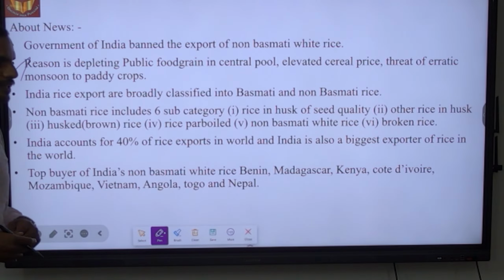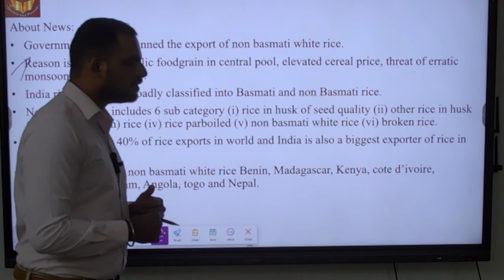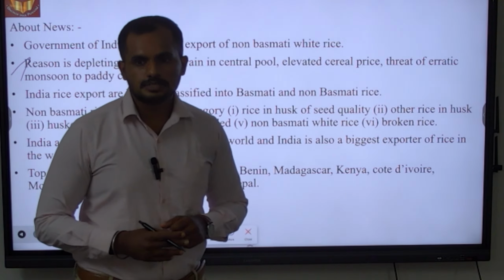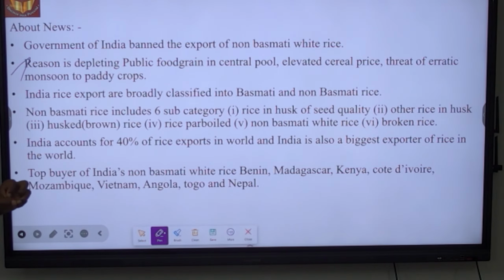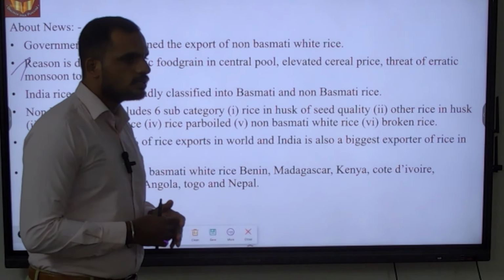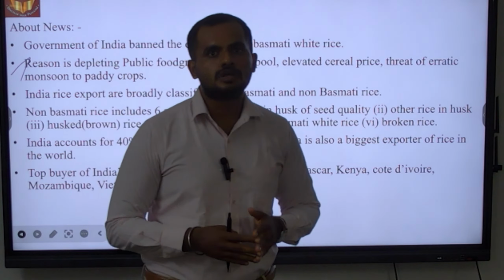Thirdly, because of the erratic monsoon and uneven distribution of rainfall, the sowing of the paddy crops is also reduced, as a result of which the government is expecting that the output of the paddy crops will also be reduced.